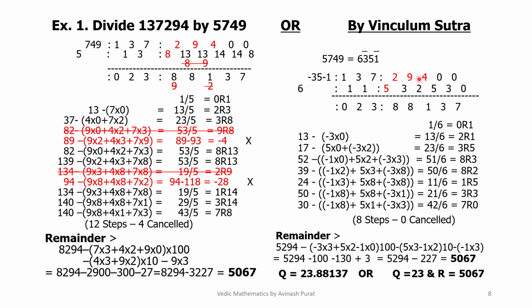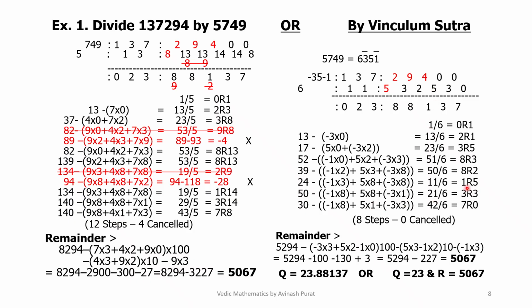So 24 is the next dividend, minus 1 into 3, 5 into 8 and minus 3 into 8, that is 3 and 24, 27, and 8 into 5 is 40, 40 minus 27 is 13. So 24 minus 13 is 11 by 6, that gives us 1 quotient and 5 remainder.